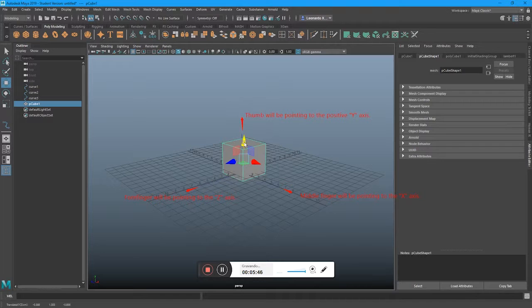It's a really handy way to visualize the direction of the vectors, and you can rotate as well. So that's why we use the right-handed axis system in Maya.